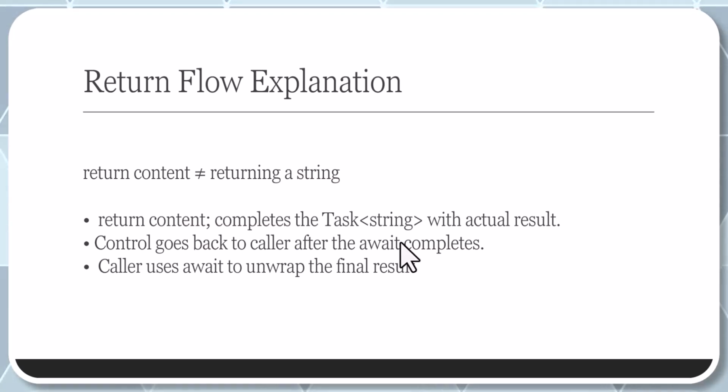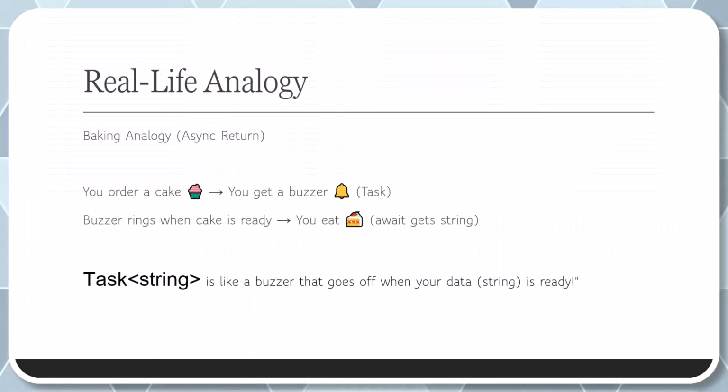So coming to this, return content does not return a string. Return content completes the Task<string> with the actual result. Control goes back to the caller after await completes. The caller uses await to unwrap the final result. So in this case it was Task<string>.